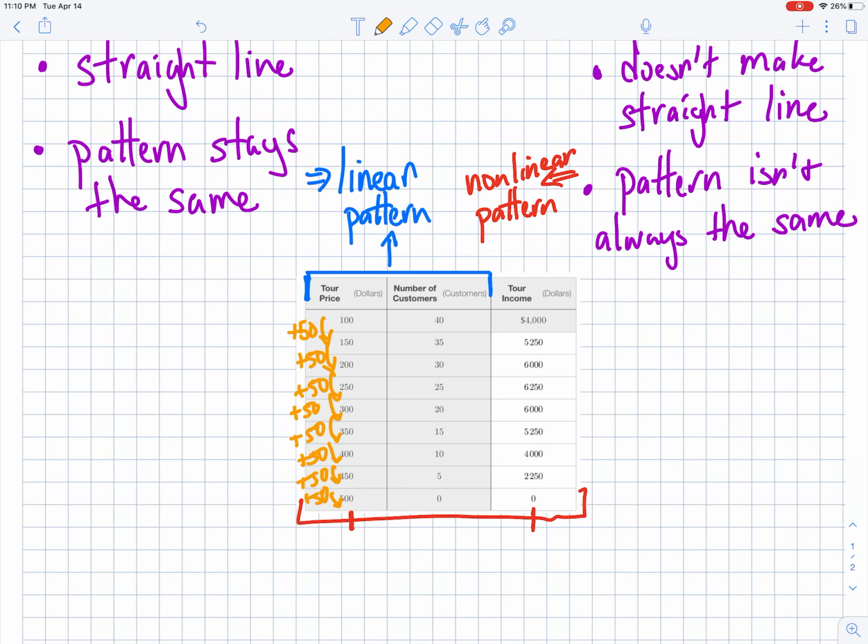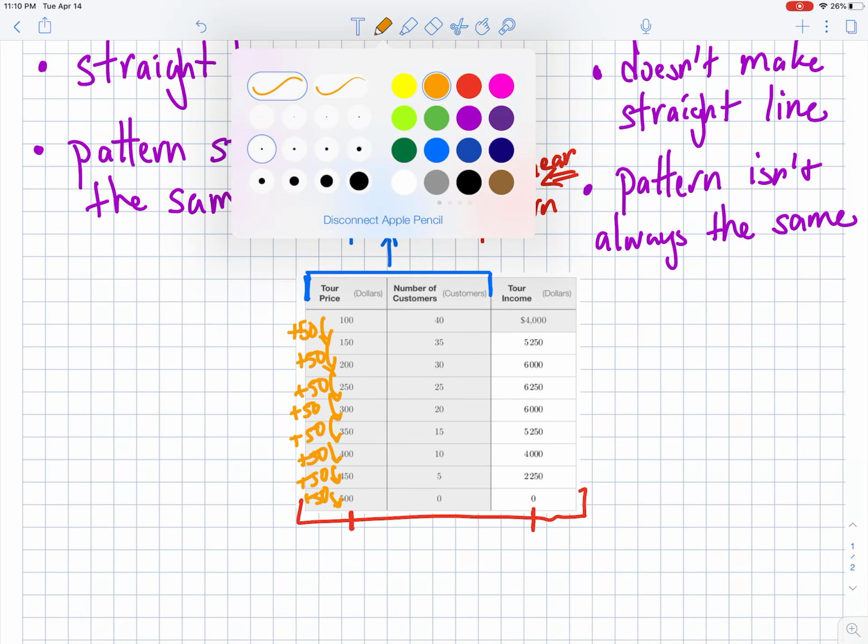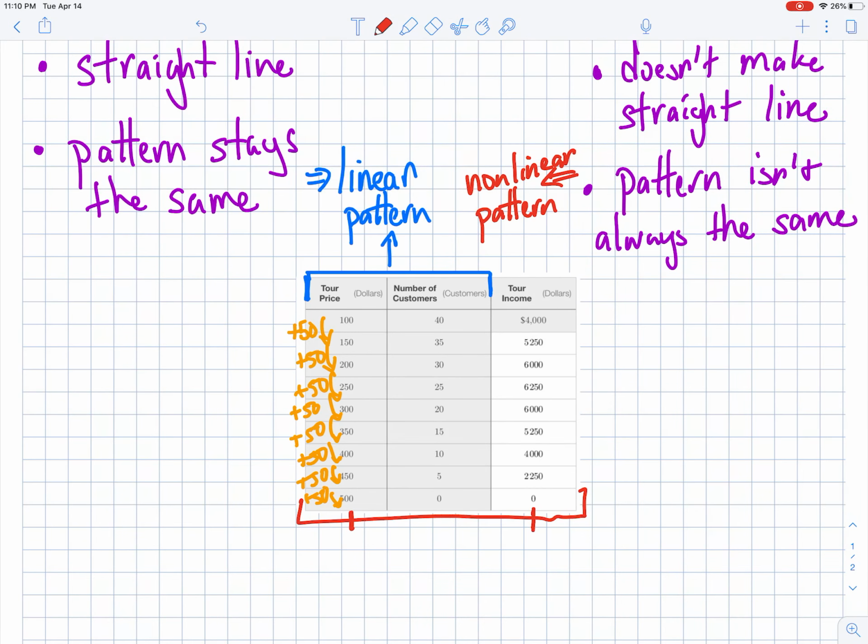Let's look at the change we see in tour income. Is it always going up by the same pattern or not? Let's see. So when the tour price is $100, the tour income is $4,000. And then when we increase the price by $50, our income goes up by $1,250. When we increase the price by 50 again to get to 200, right?